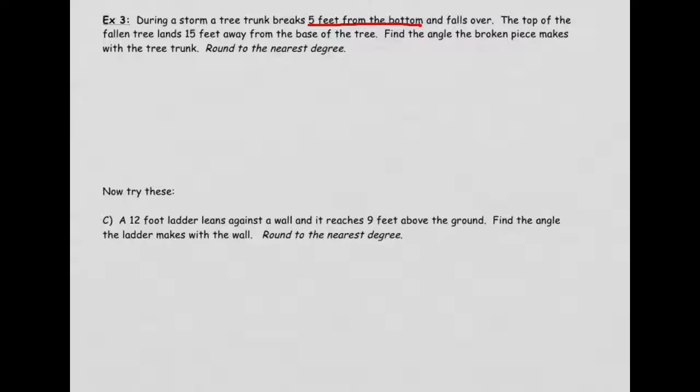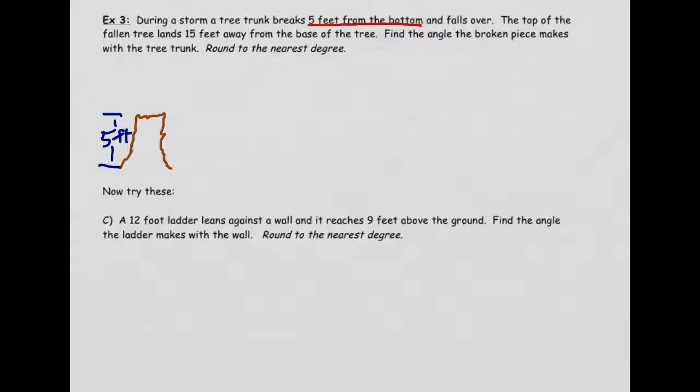I guess my tree should be brown. And then it breaks. Now don't laugh at my artistic ability here. 5 feet from the bottom, so that height from bottom to top is 5 feet. And then the top of the fallen tree lands 15 feet away from the base of the tree.